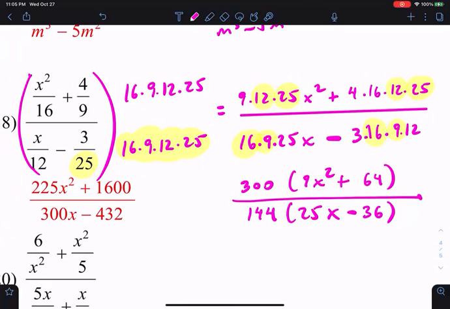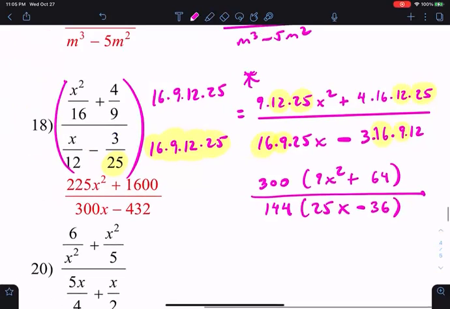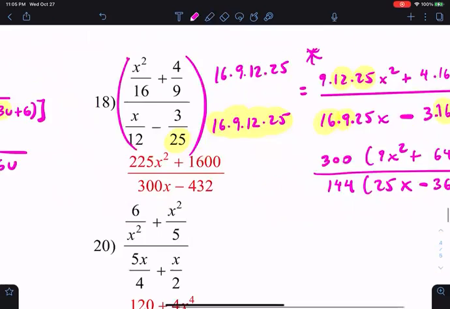Okay, let's check this really quick. Okay, let's hold on this, and then we will go back at the end on this, okay? Let's hold on this so we can save the time.